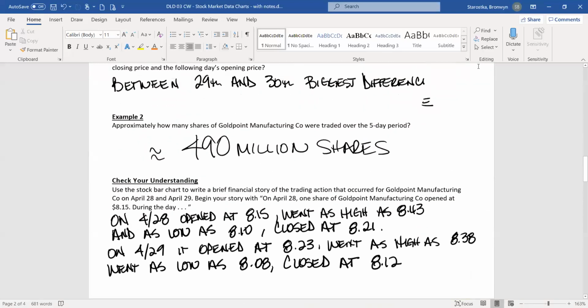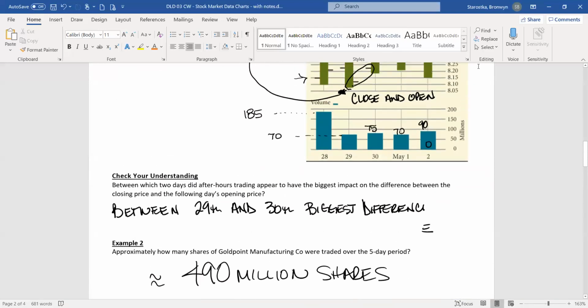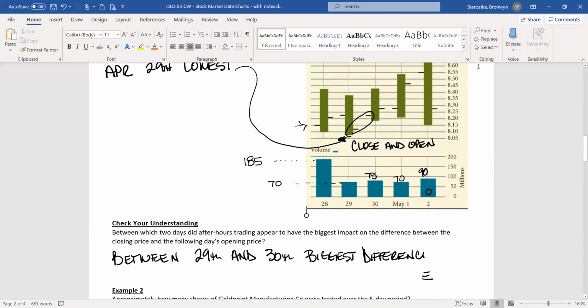And so going up here, you're looking at the little horizontal bars. You're looking at the top of the green and the bottom of the green for each of those two days.